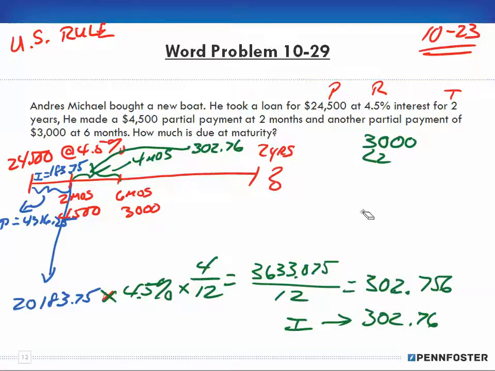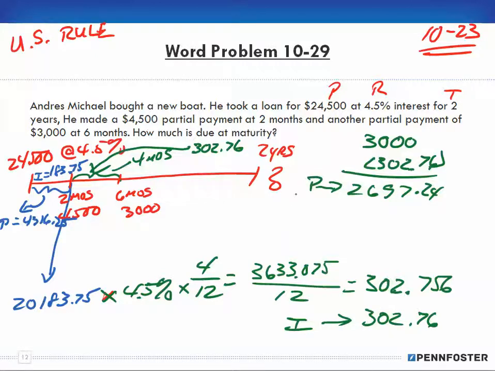We subtract out the 302.76, and we end up with $2,697.24 that goes against the principal.